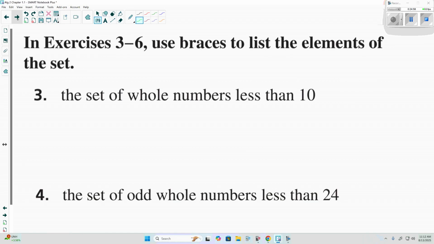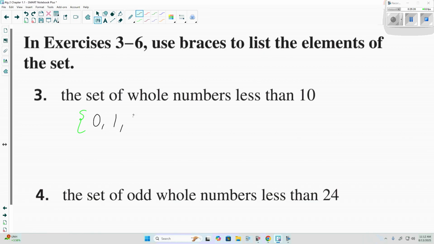Let's look at this here. The set of whole numbers less than 10. What is the smallest whole number we can have? 0, yes? So 0. What would be the next whole number less than 10? 1.